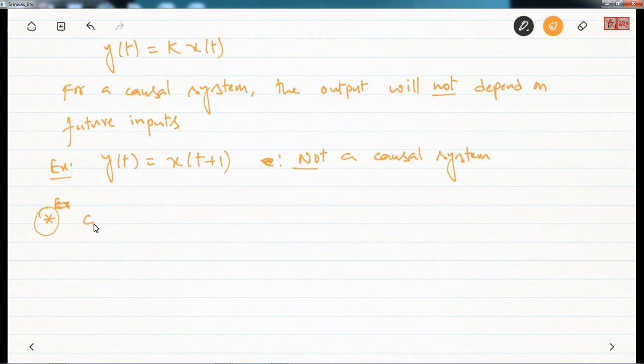Consider a causal linear time invariant system.